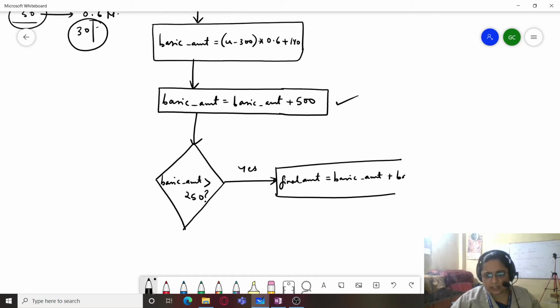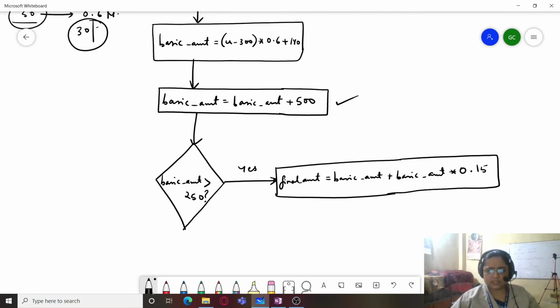So basic amount plus basic amount into 0.15, right? That is multiplied by 15 divided by 100. So I can simply multiply it by 0.15. So this is the 15% surcharge, and that is added to the basic amount, and this will give you the final amount which you have to pay.